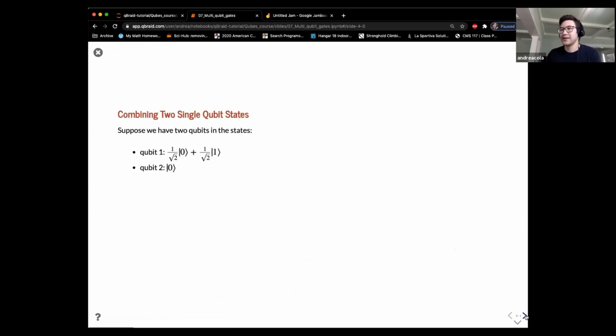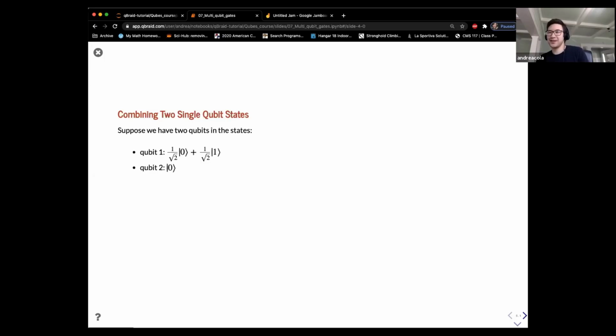So now we come to the next natural question, which is, what if we want to combine 2 single qubit states? Suppose I give you one qubit, qubit 1, and qubit 1 is in an equal superposition of 0 and 1. And then I give you qubit 2, which is in the state 0.